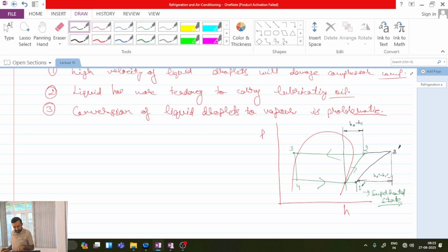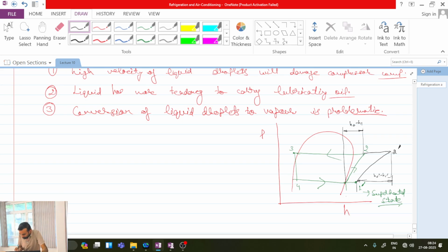You can see the projected length is significantly larger in comparison to the previous case. Is this clear? So superheating has led to a significant increase in work. Now the second important point is, if I only do the superheating from the ambient heat leaks, then what will be happening?